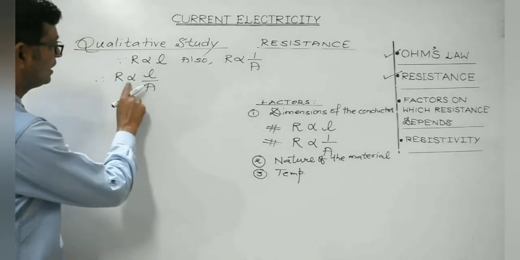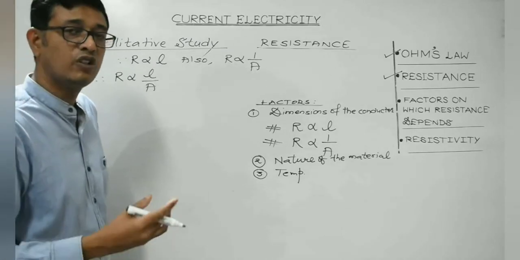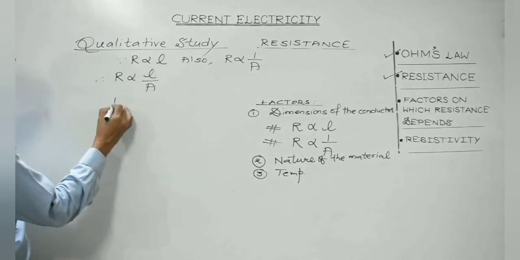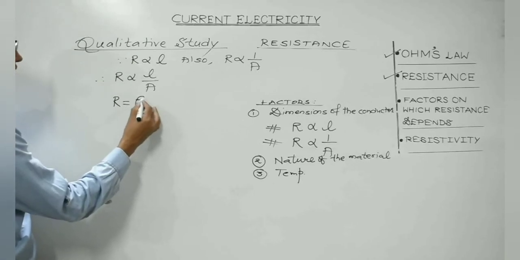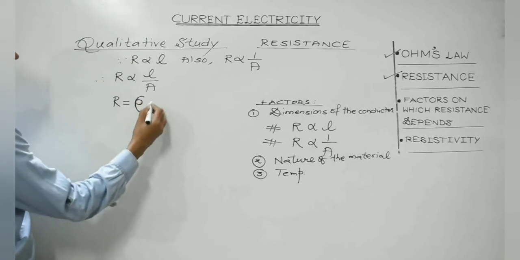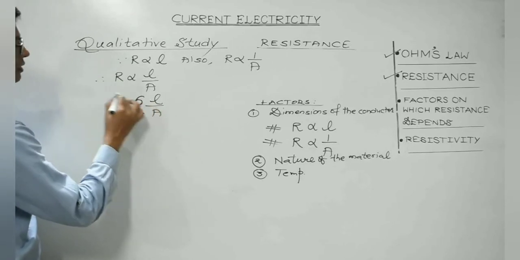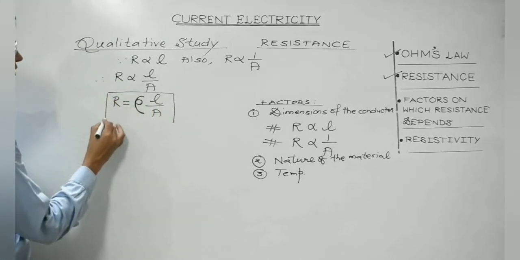In order to eliminate this proportionality sign, we need to introduce some constant. Here, the constant is rho. So R equals rho L by A, where rho is constant.